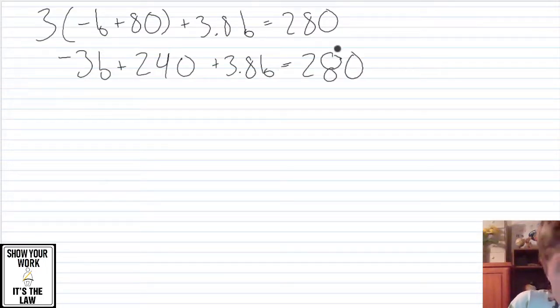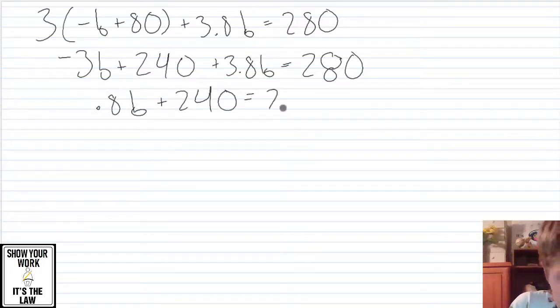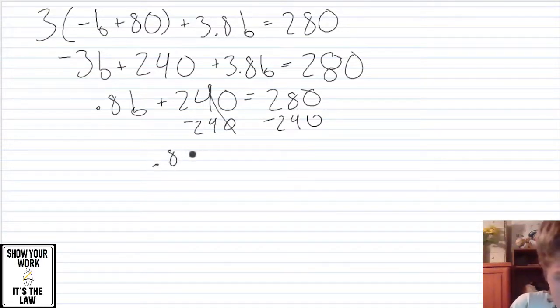Combine like terms. Negative 3b plus 3.8b is going to equal 0.8b plus 240 equals 280. Subtract 240 from both sides, and 280 minus 240 is going to give us 0.8b equals 40.